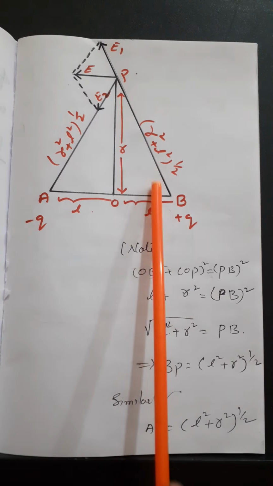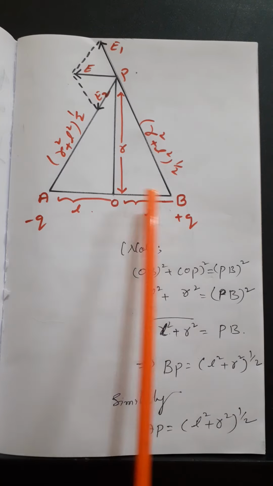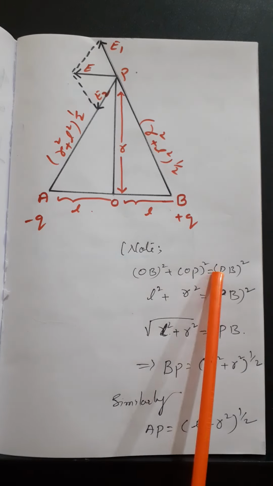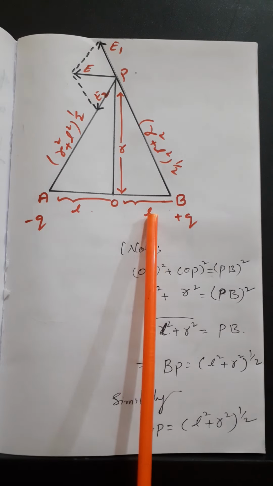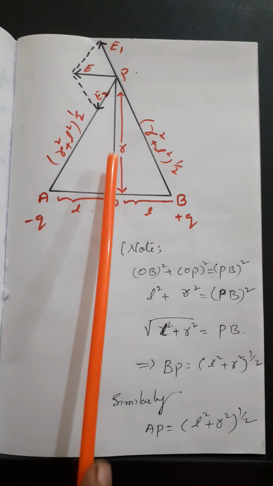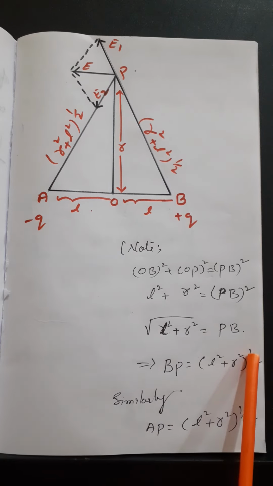So according to the Pythagoras formula, I can write OB square plus OP square is equal to PB square. OB square is l square, and OP square is r square, and this is equal to PB square. If we remove the square, it can be written with the power of half.